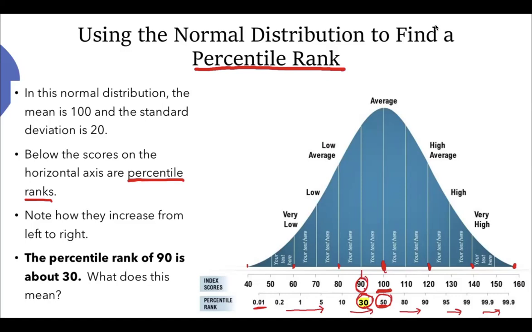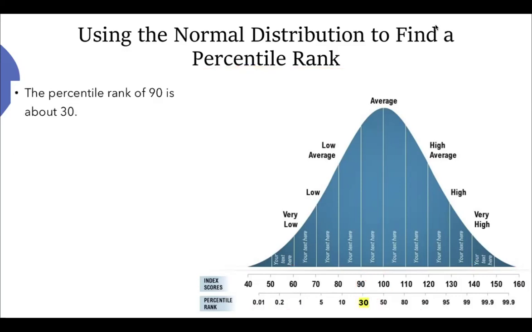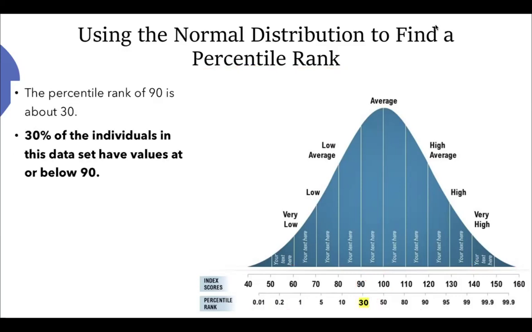We already did have a discussion on percentiles, so let's review what we know. If the percentile rank of 90 is 30, it means that 30% of the individuals in this data set have values at or below 90. Okay, the percentile rank of 90 is 30.